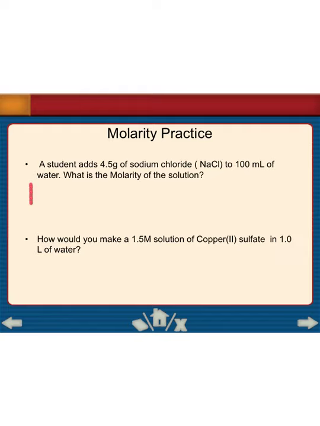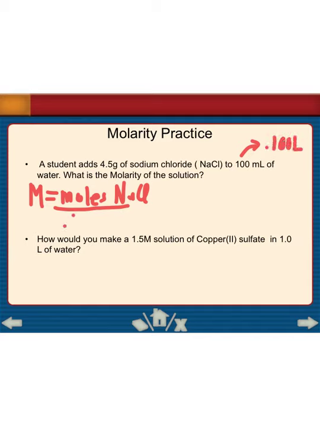So the molarity, big M, equals the number of moles of sodium chloride divided by the liters of solution. 100 milliliters is 0.100 liters. So we're going to use 0.100 liters.